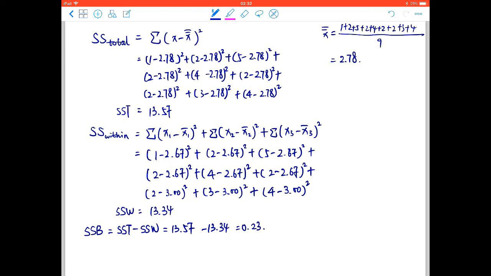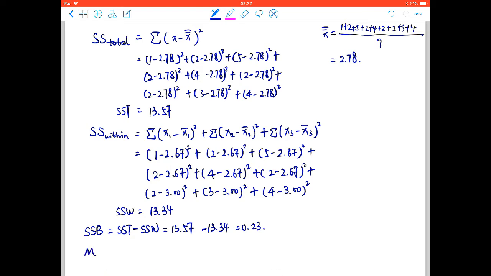Okay, after calculating the sum of squares within the groups, between the groups, and the total, now we need to consider the mean square between the groups and the mean square within the groups.